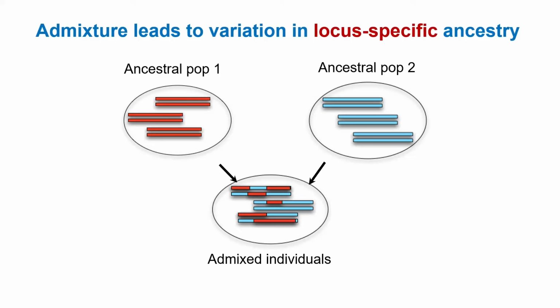In the most simplistic form, we think about it as 2 ancestrally diverged populations, let's say the red and the blue population, that have been diverged for a while, and then people from those ancestries come and have offspring in a different environment and a different population.